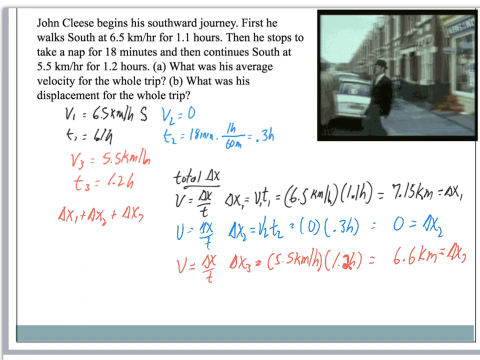So that's going to be delta x1, which was 7.15 kilometers, plus delta x2, which was 0, plus delta x3, which was 6.6 kilometers. And our total displacement, I'm just going to write delta x sub t for total, is going to be 14 kilometers.